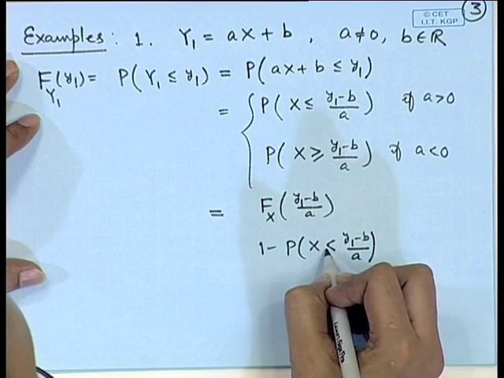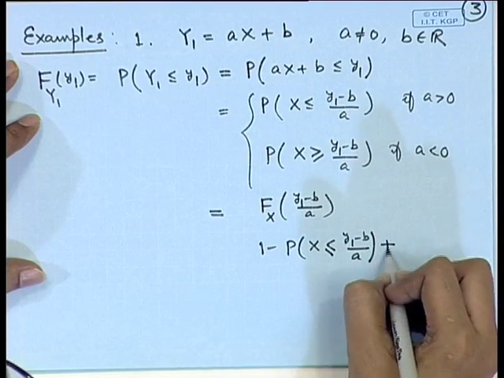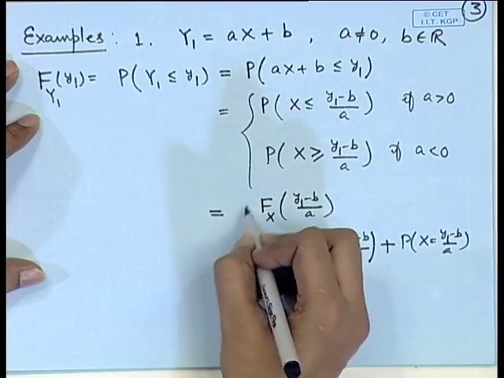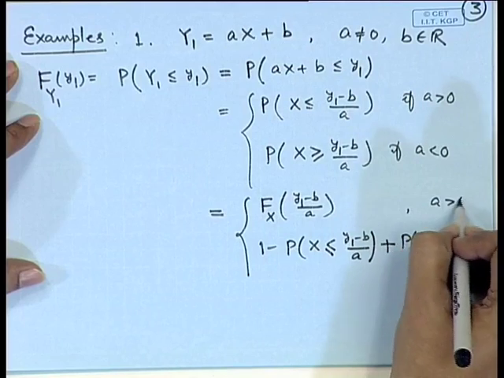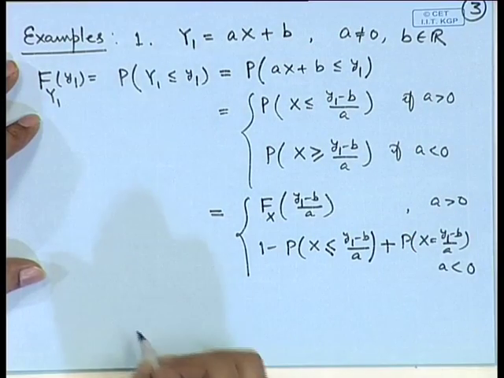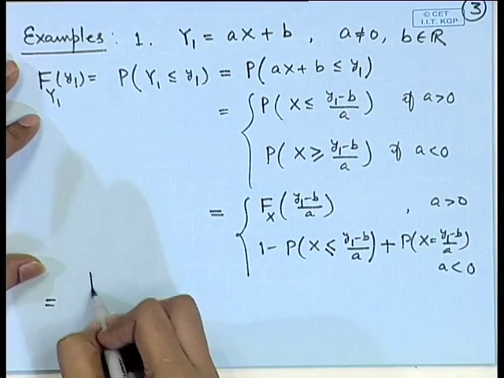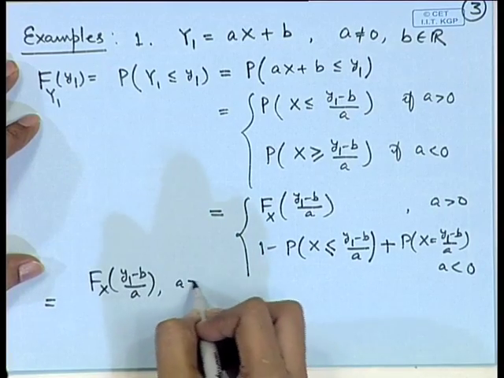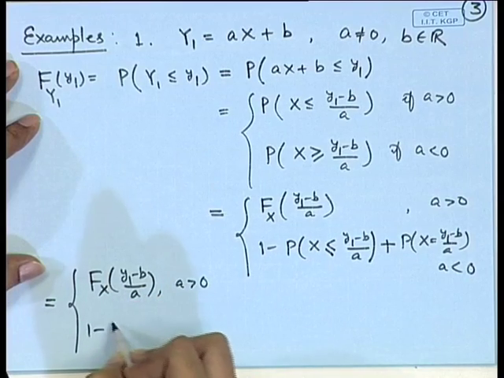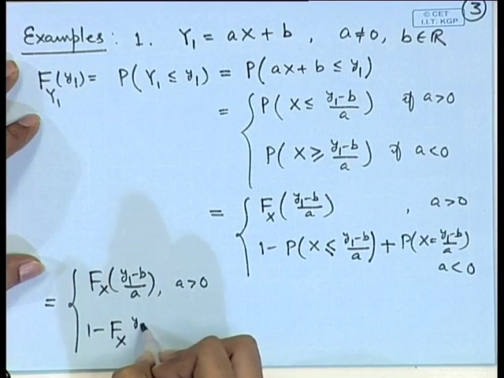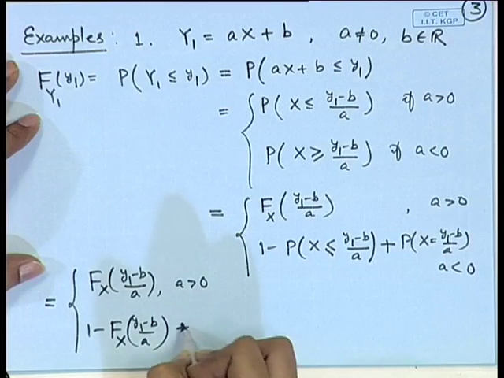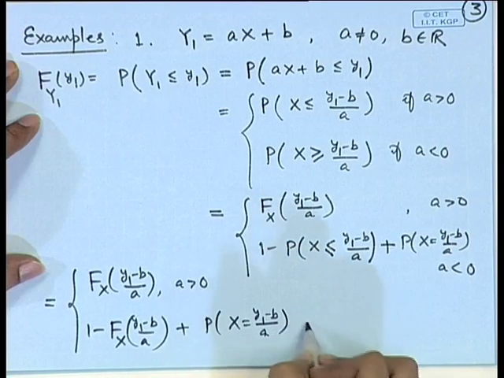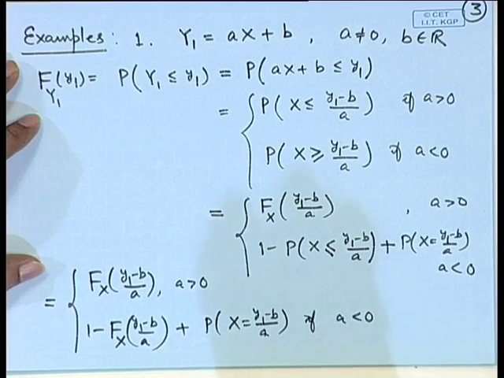which we can write as x less than or equal to this plus probability of x is equal to y 1 minus b by a. So, this is equal to F x at y 1 minus b by a, if a is positive, and 1 minus F x at y 1 minus b by a plus probability of x is equal to y 1 minus b by a, if a is negative.